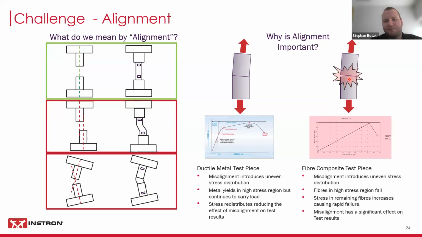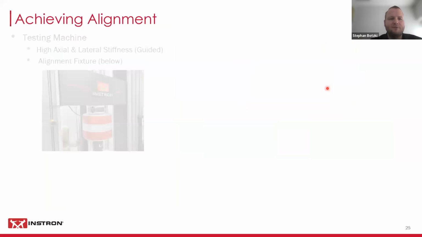And the effect on your test results is actually pretty significant. If I test on a tester that is not perfectly aligned, doesn't use the correct type of grips, I can have 10%, even up to 20% differences in the max strength of my material. So it's really dramatic differences if you have misalignment.